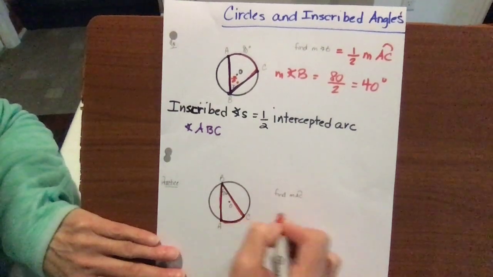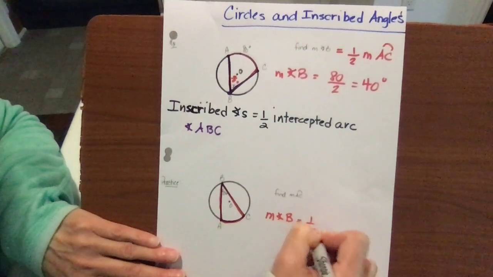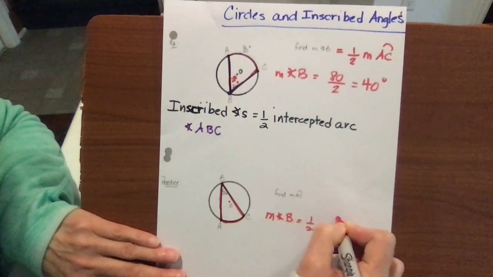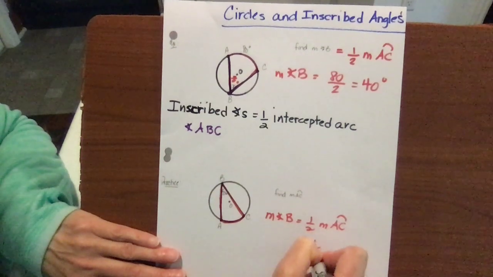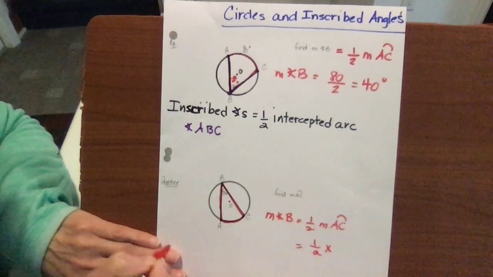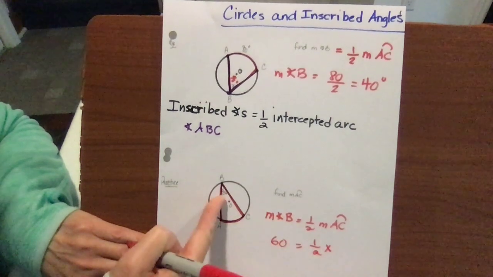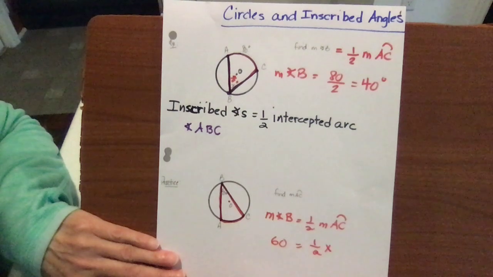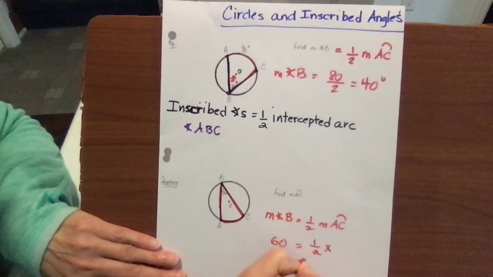Since we know that to find the measure of angle B, it would be half of the measure of arc AC, and AC is the unknown, we're going to do this purely algebraically right now, but common sense will kick in. The measure of angle B equals half of whatever the arc is. So times 2, the arc is 120.